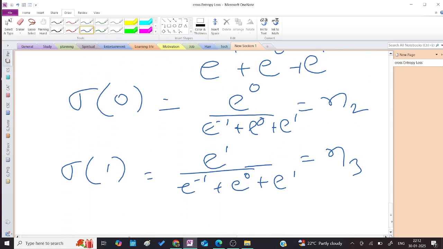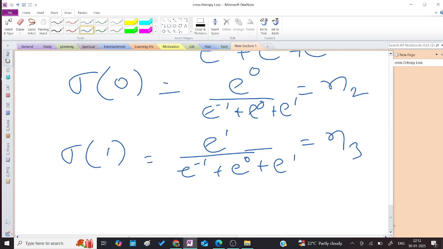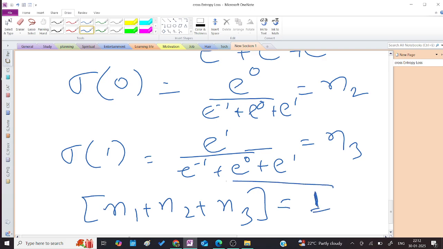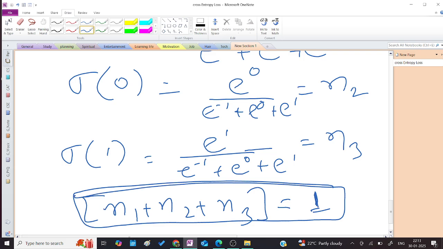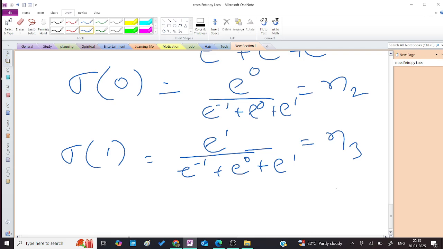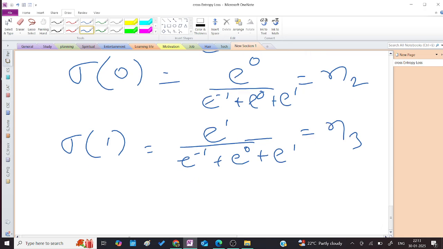So n1 plus n2 plus n3 will be 1, right? So we have converted a number to a class probability.